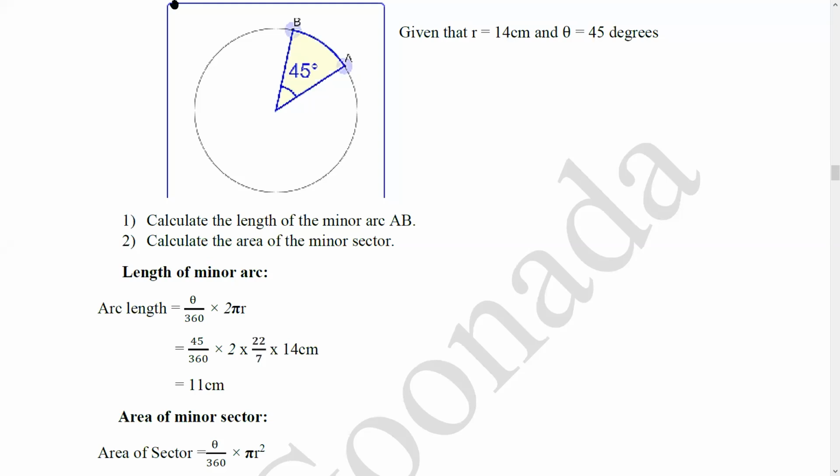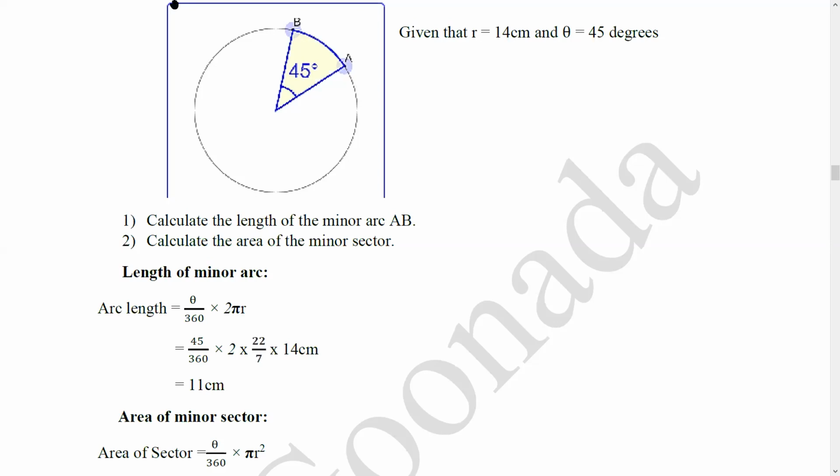Anybody figure it out? Wait, a little bit more time. Is it 76.93? I guess 76.93, but 77 basically. Yeah, I get the same thing as Rajiv. Me too.